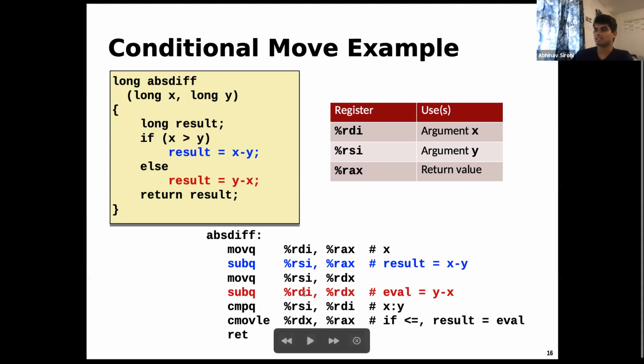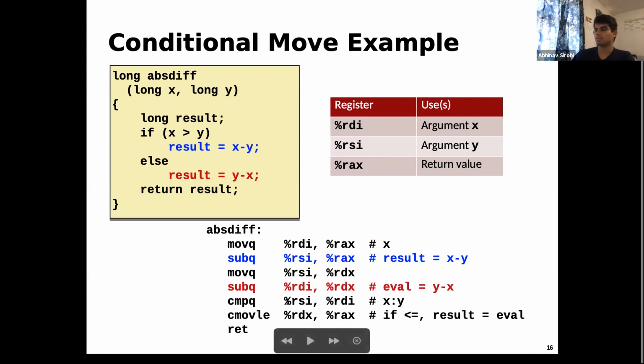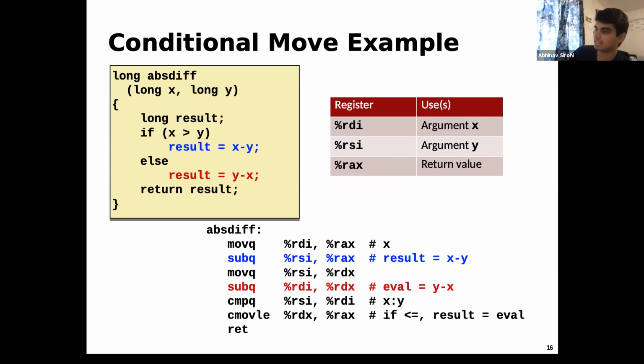So we do y minus x, and then we compare our original x and y, and if x was less than y, it'll move whatever's in RDX into the return register.